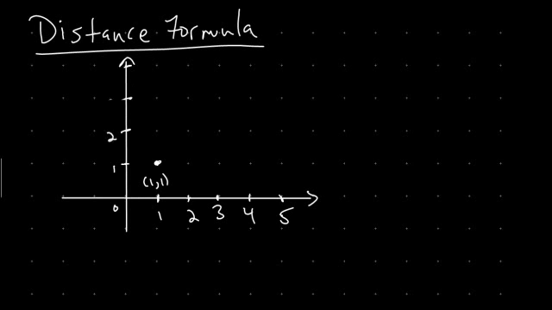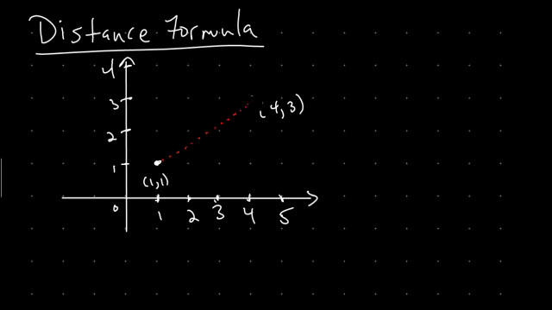And let's look at the point (4, 3). So this point is over 4, up 3. Over 1, 2, 3, 4, up 1, 2, 3. And what we want to do is figure out a way to find the distance between those 2 points.